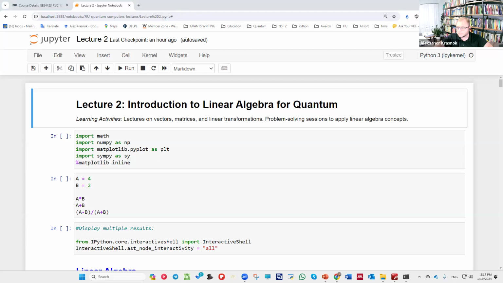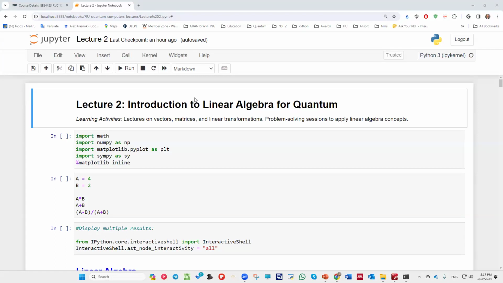Okay. So lecture number 2, Introduction to Linear Algebra for Quantum. This is the topic of our interest for today. And today we're going to discuss the basics of vectors, matrices, and linear transformations, with some examples and problems to be solved.